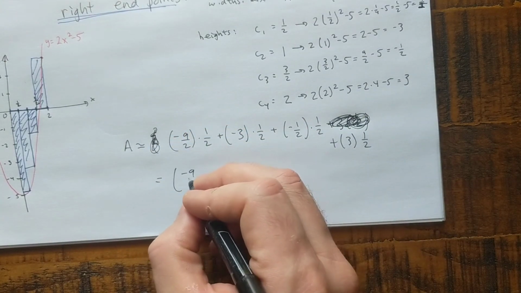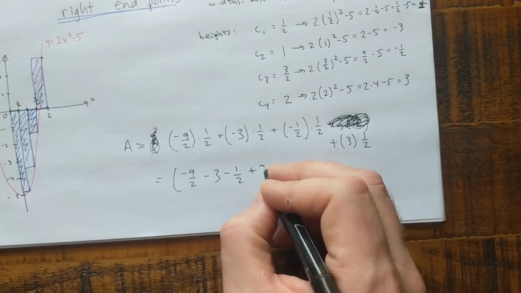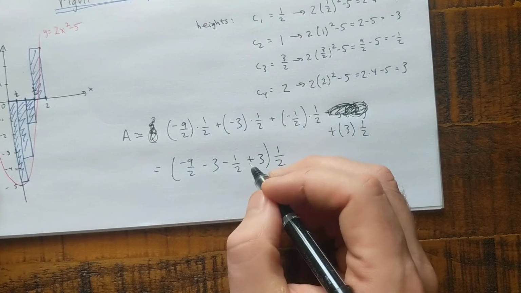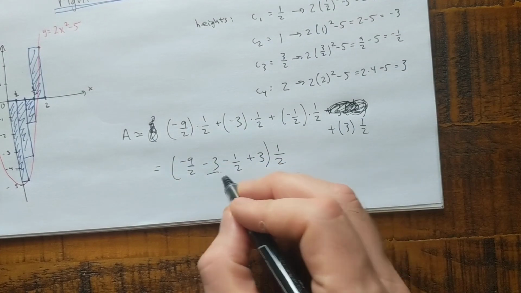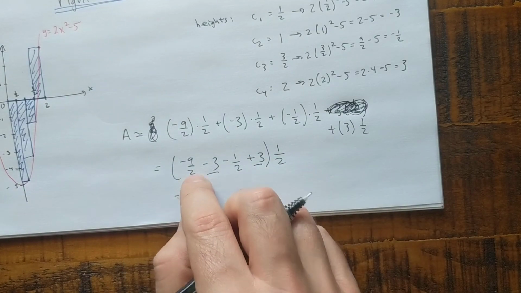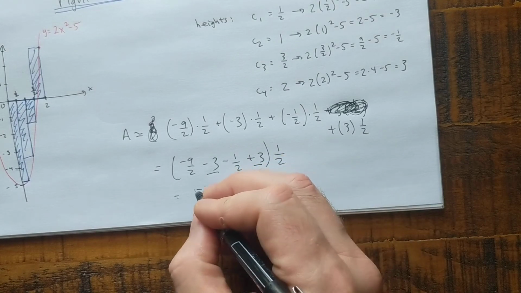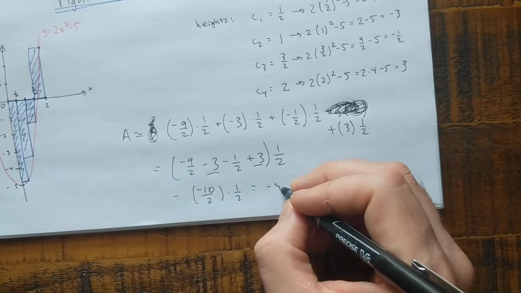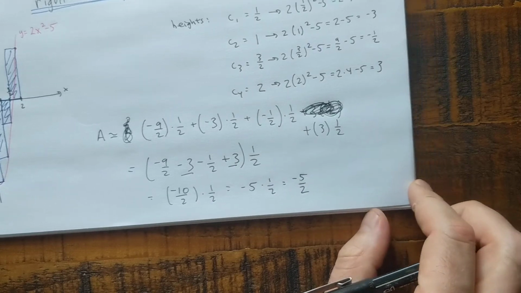I'm going to factor that 1/2 out and just add the heights together first, and then multiply at the end times the width, delta x, 1/2. The reason is because we're going to get some nice cancellation, right? These threes are the same, and one's positive, one's negative, so that's 0, and then negative 9 minus 1, that's negative 10/2. Negative 10/2 is the same as negative 5, and so we end up with negative 5/2 as the answer.